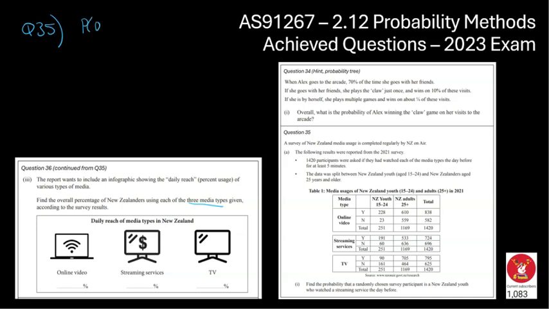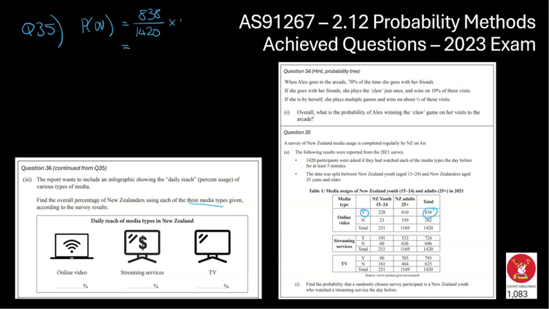I'm going to write OV, probability of the online video ones. And we can see on our table the yes people up there, those 838, they're the ones who said yes to online videos. So the probability of watching an online video is going to be 838 out of the 1,420 people who did the survey.